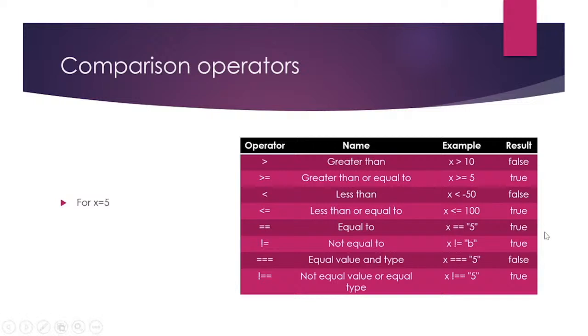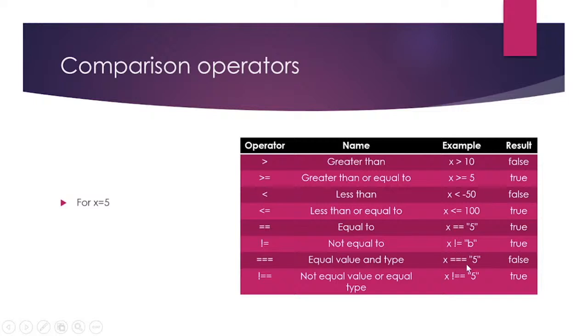It's not a number, but it says true. That means that JavaScript is converting to an intermediate stage somewhere, and it then compares both values. So while using double equal to, the data type of a particular variable doesn't matter.